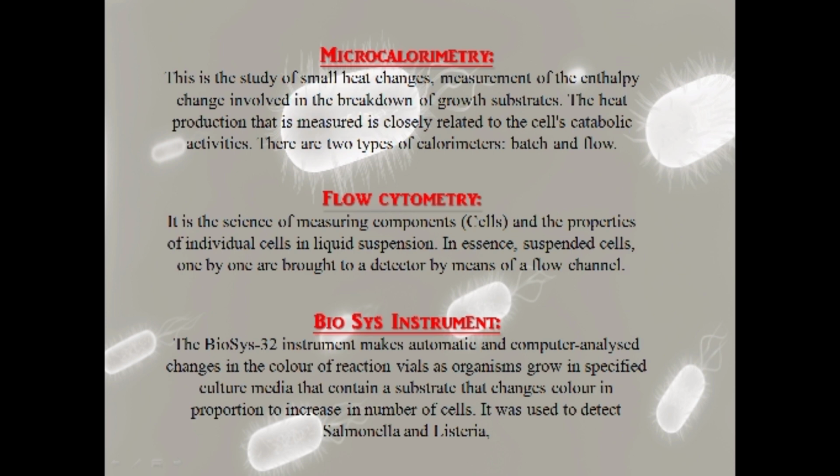The Biosys 32 instrument makes automatic and computer-analyzed changes in the color of reaction vials as organisms grow in specified culture media that contain substrate that changes color in proportion to the increase in the number of cells. It is usually used to detect Salmonella and Listeria, etc.